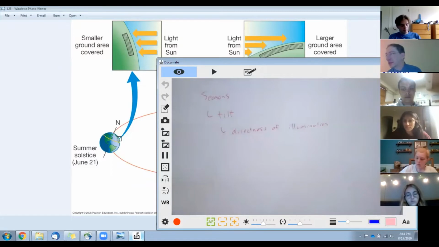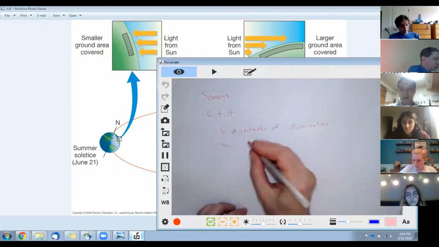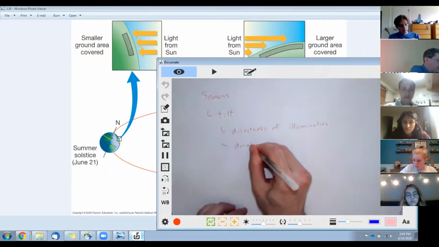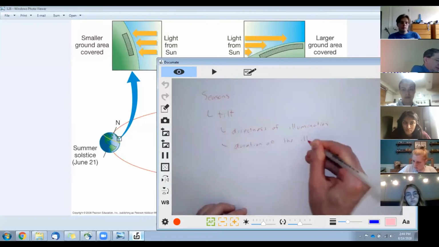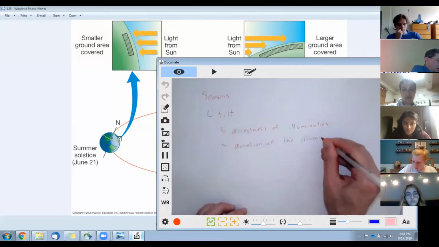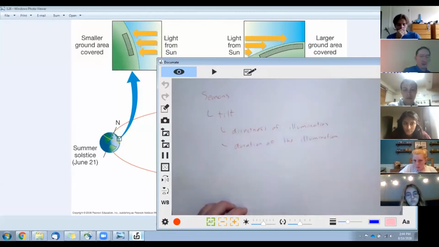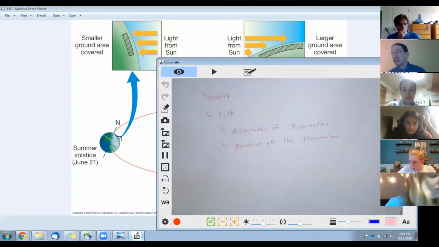How direct is the illumination? And the second one is the duration of the illumination. So the more direct it is, the more intense the heating, and the longer it is, you get more heating as well. So both of these come into play.